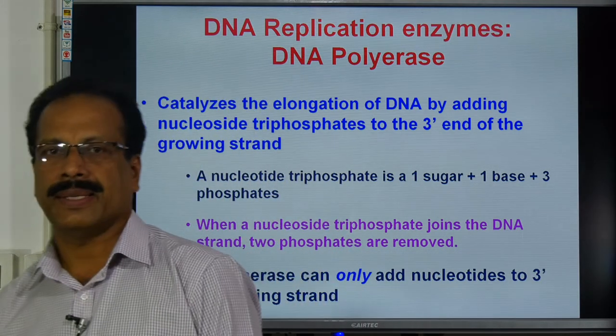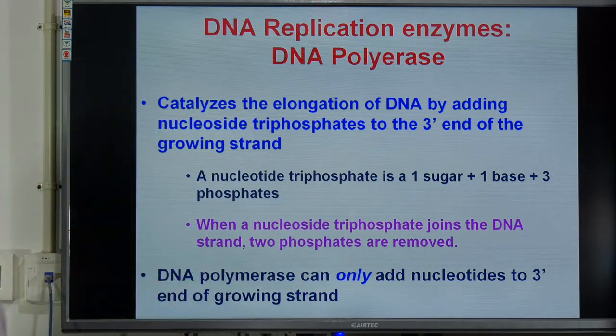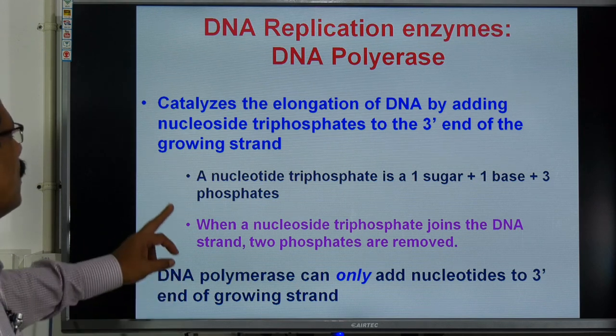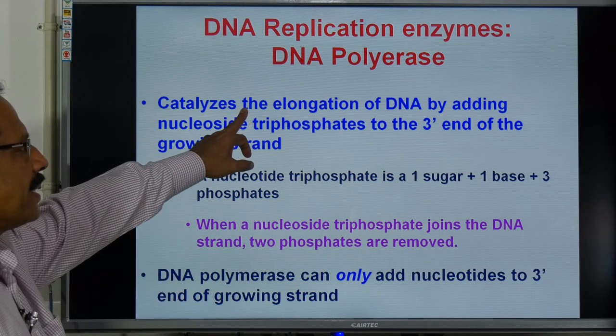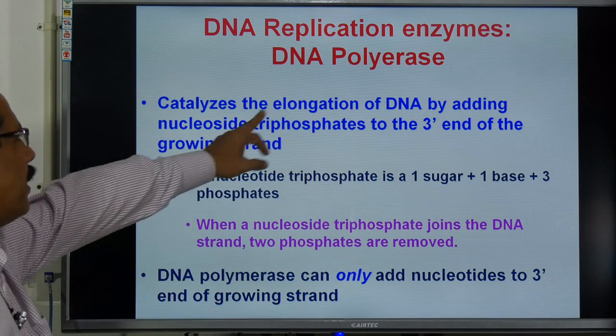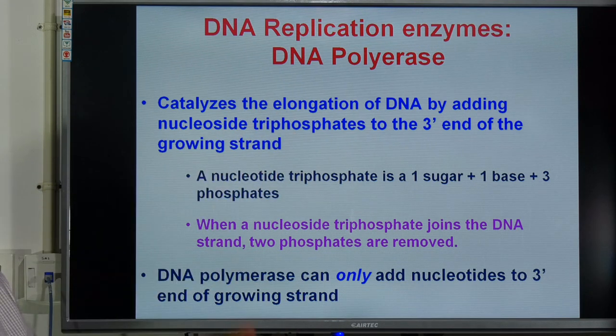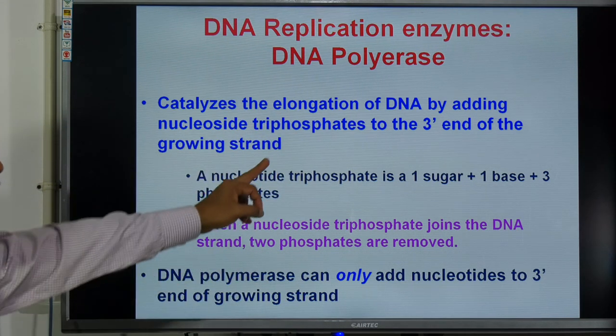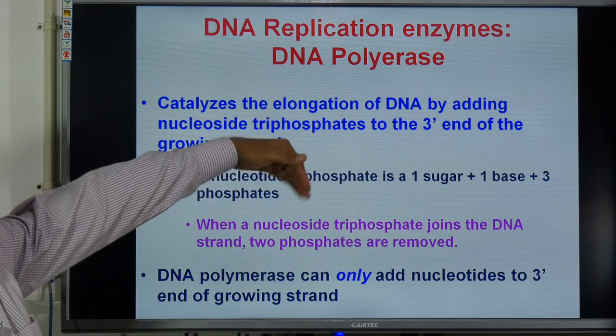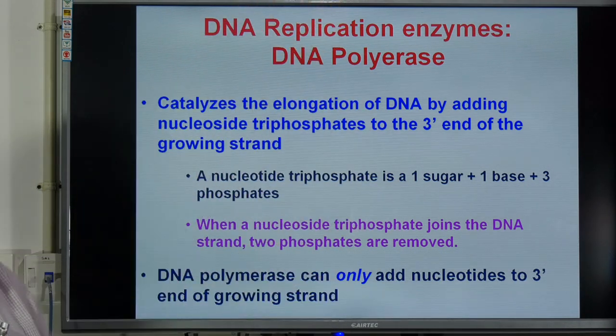So, the DNA polymerase enzyme. This is quite important. It catalyzes the elongation of DNA by adding nucleotide triphosphates one at a time to the 3' end. So the extension is towards the 3' end.